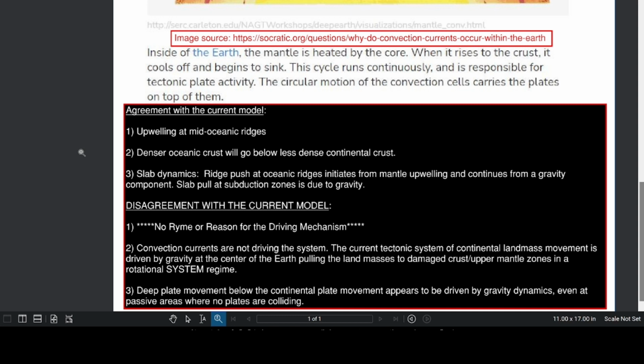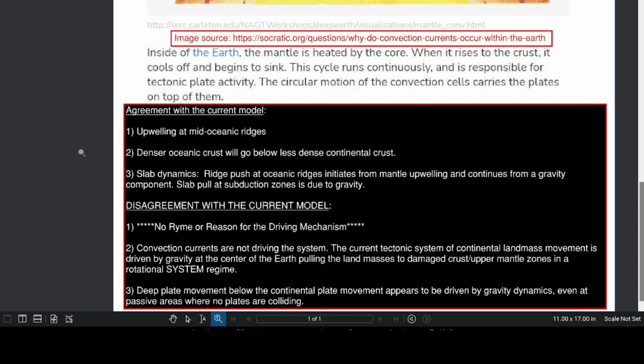Ridge push at oceanic ridges initiates from mantle upwelling and continues from a gravity component. Slab pull at subduction zones is due to gravity. I agree with that if everything's rigid, like if there's one particular slab or plate and one end is pushing up at the oceanic ridge and it's pulling down at a subduction zone due to gravity. So that would only make sense.